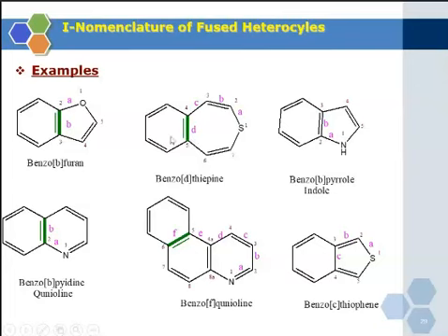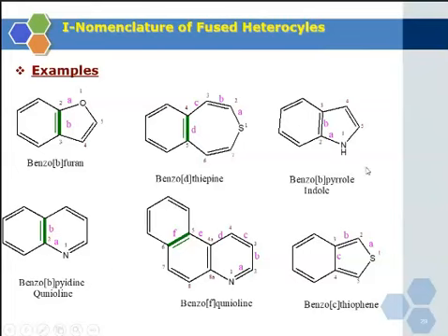Here we can see a benzene ring fused with thiophene, a 5-membered ring, benzothiophene. Where it is fused, the site of fusion is the face between position 1 and position 2, denoted as A, next is B, next is C, next is D. Hence the name benzo[d]thiophene.